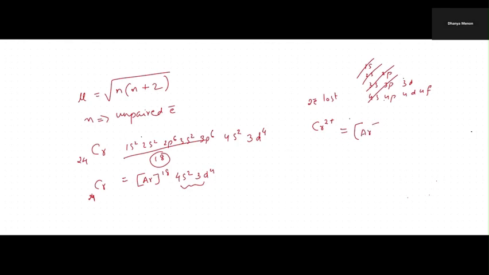So Ar 18, 4s0 because it loses both of them, and 3d4. That means 4s is empty. In 3d, how many electrons are there? 4.